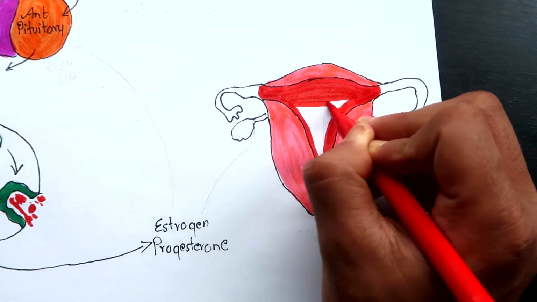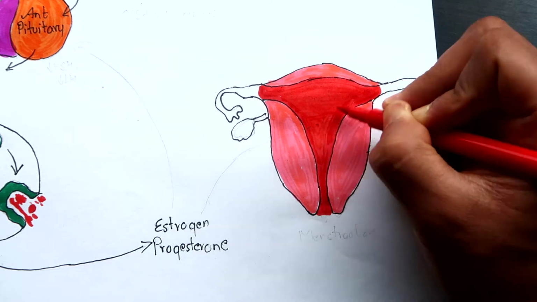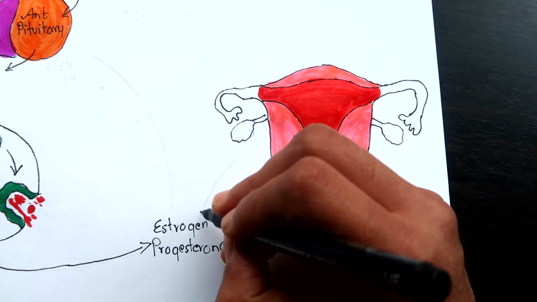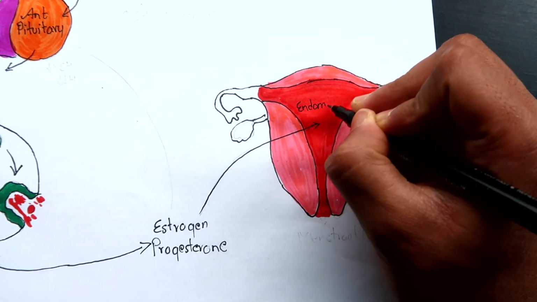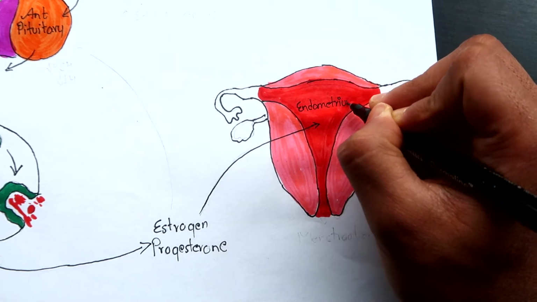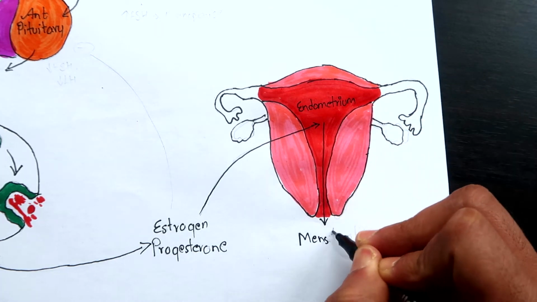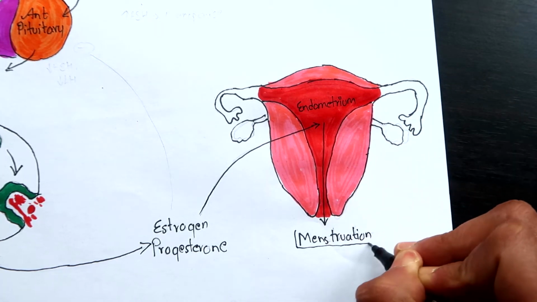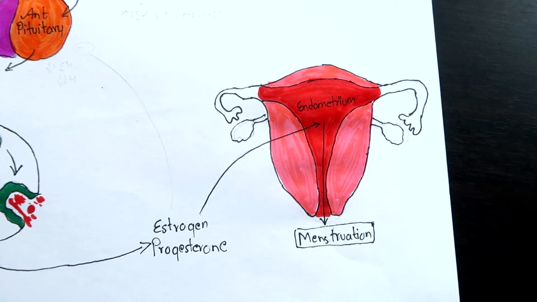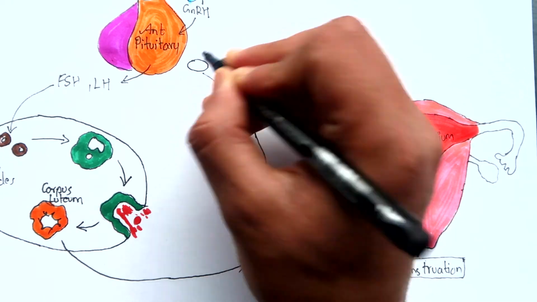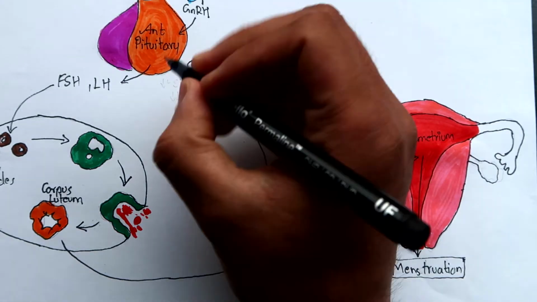If fertilization had not occurred, then the corpus luteum slowly degenerates and hence the levels of estrogen and progesterone also fall down. This leads to shedding out of the endometrium, called menstruation. Estrogen also provides negative feedback to the hypothalamus, hence the production of FSH and LH is lowered.